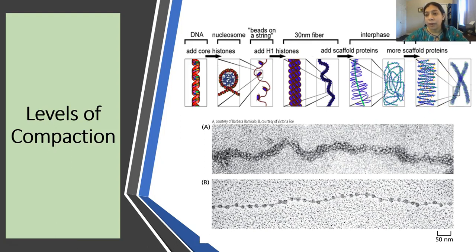But then during metaphase, or during mitosis and meiosis, when there is active cell division happening and you need to have your full chromosomes fully compacted, more scaffolding proteins come through, and these DNA molecules now become compacted in a very organized manner. In interphase, it's a kind of loose organization.